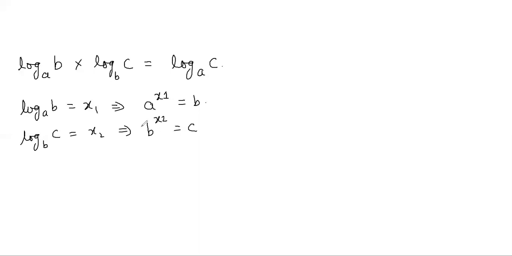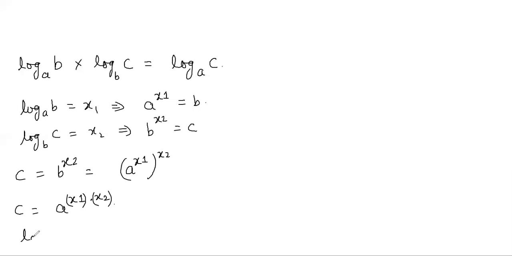Now c, which is equal to b to the power x2, can be written as a to the power x1 to the power x2, because b is nothing but a to the power x1. So c can be written as a to the power x1 into x2. Is it clear or not? Yes, sir. Now what does it mean?